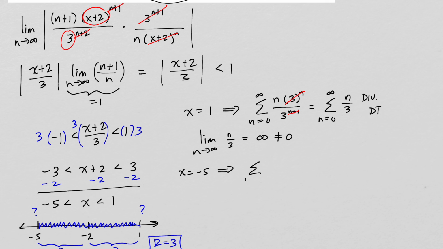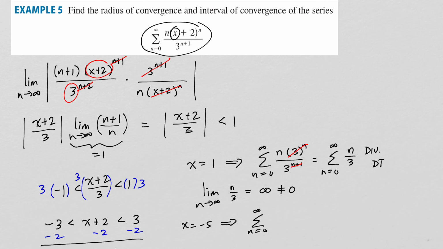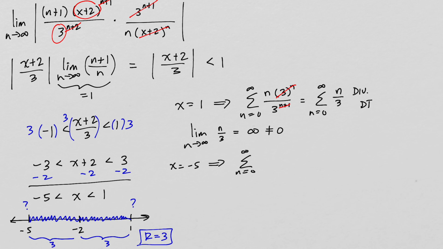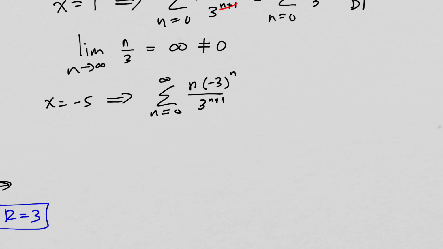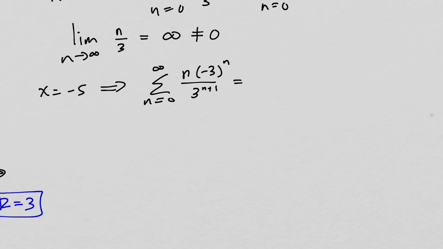Now what about when x is equal to negative 5? So if I plug in x equals negative 5 into our original series, that means that we are going to replace x here with negative 5. Negative 5 plus 2 is negative 3. So we get the sum of n times negative 3 to the n divided by 3 to the n plus 1. And we have to be a little bit more careful here.